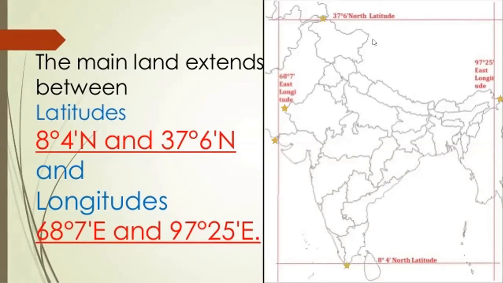If you measure the distance and plot it on the map, you will see that it runs from 68 degrees 7 east to 97 degrees 25 east. And from the bottom, Kanyakumari is at 8 degrees 4 north, and the top, Kashmir, is at 37 degrees 6 north.